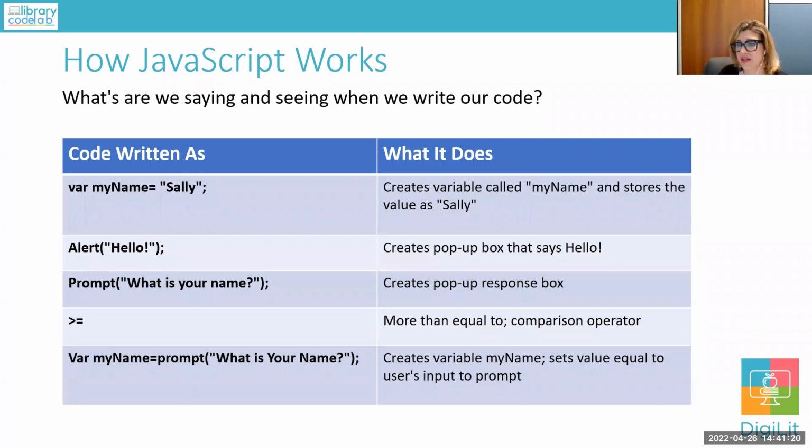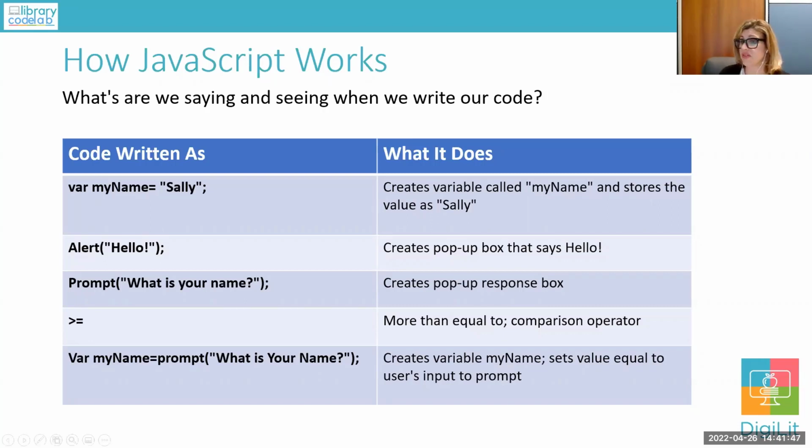Where you see alert, that's a type of function. All we would be doing if we were typing in the code for an alert is creating a pop-up box that would say hello. Prompt is another type of function. It's going to ask something from the user or the reader.